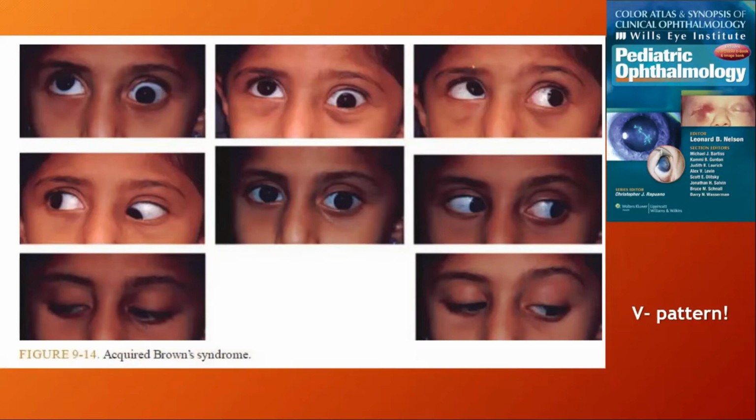Let's see, this is the author's comment. It is a case of acquired Brown syndrome. Having a Brown syndrome in a child doesn't always signify congenital etiology. So you need to take history about the onset, because in this case, the author mentioned that this is acquired due to inflammation in the area of the trochlea.